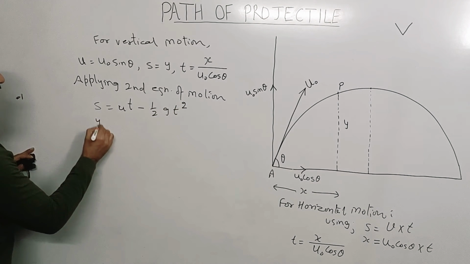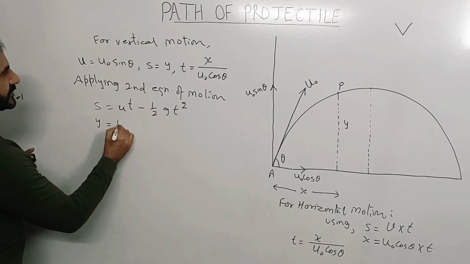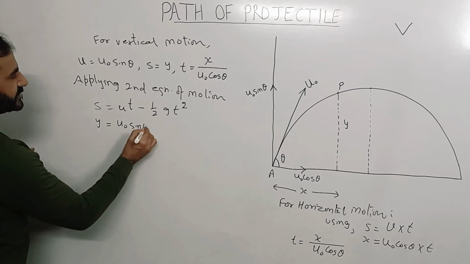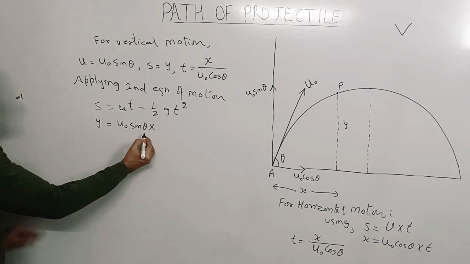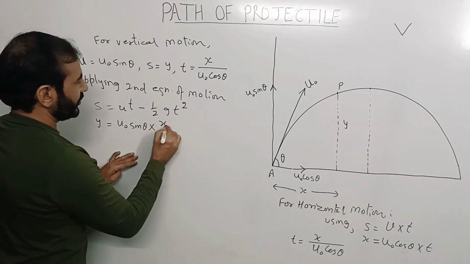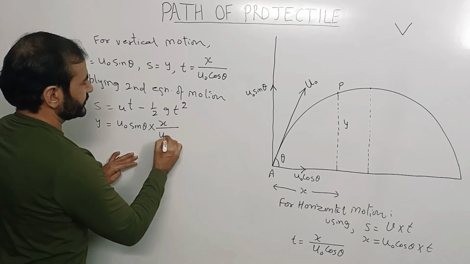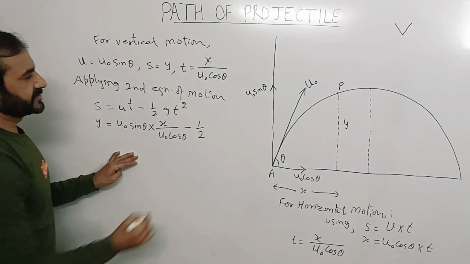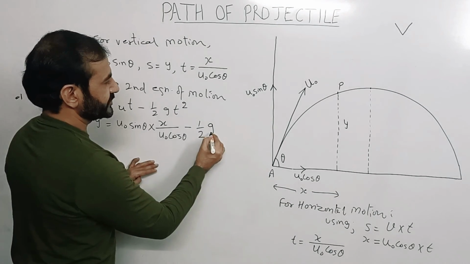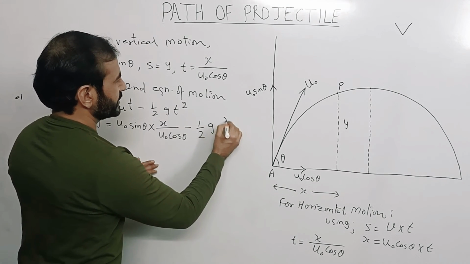What is S? Y. What is u? U naught sine theta. What is t? X upon u naught cos theta, minus half g, where g is acceleration due to gravity, and what is t?